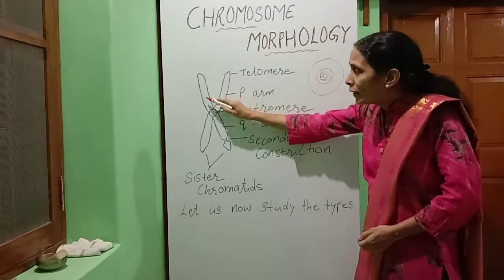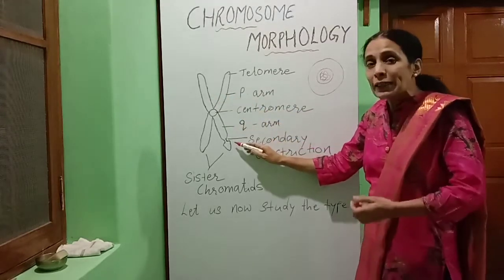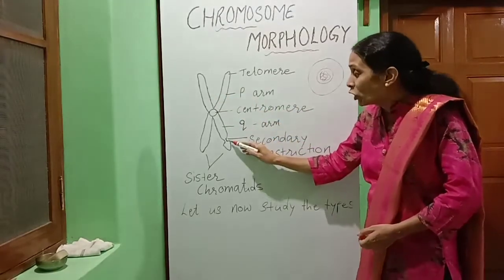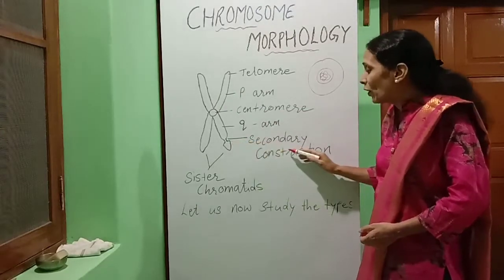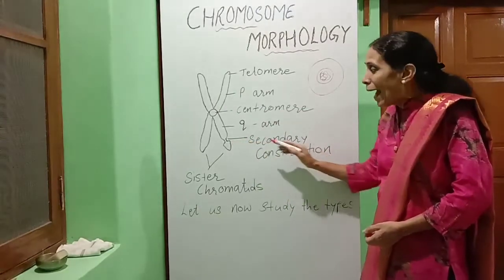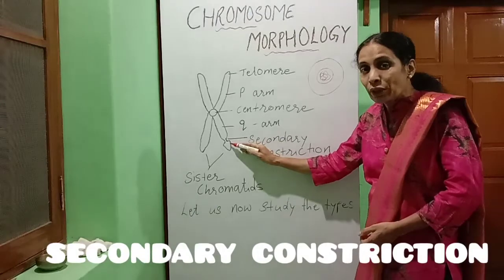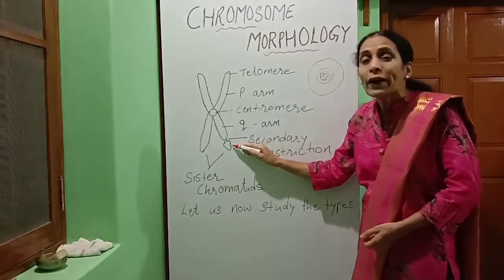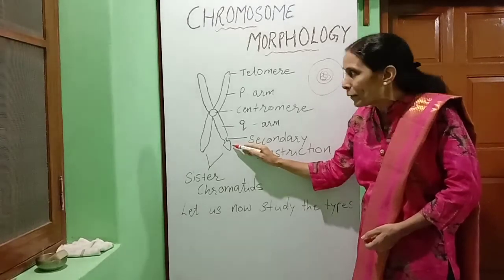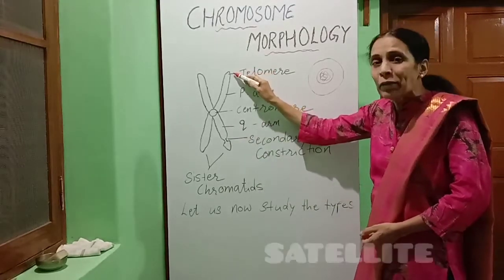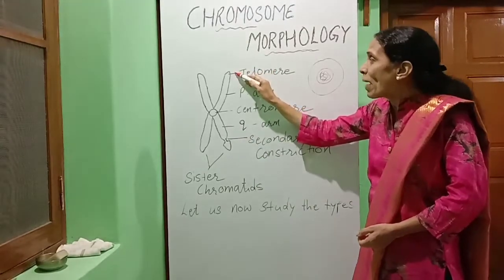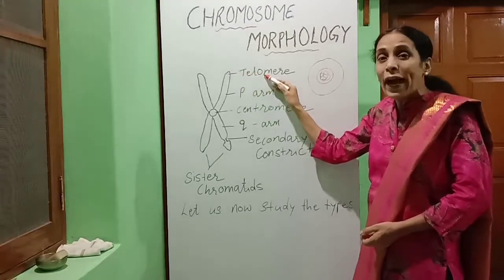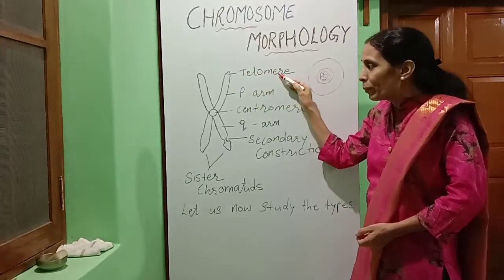While the chromatids at some point may show a secondary constriction, and the part below it looks like a bulb here. This is called the satellite. The end points of the chromatids are called the telomere.